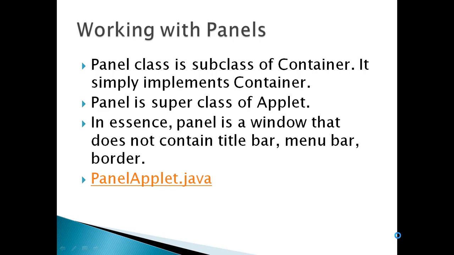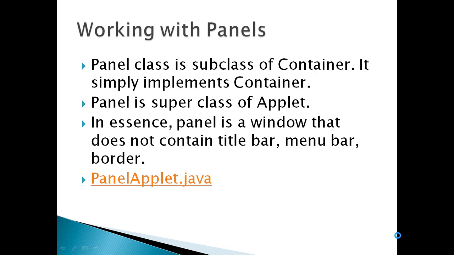Next is working with panels. We have studied in a previous lecture what a panel is. The Panel class is a subclass of Container. It simply implements a container, which means it can be used to design a container.